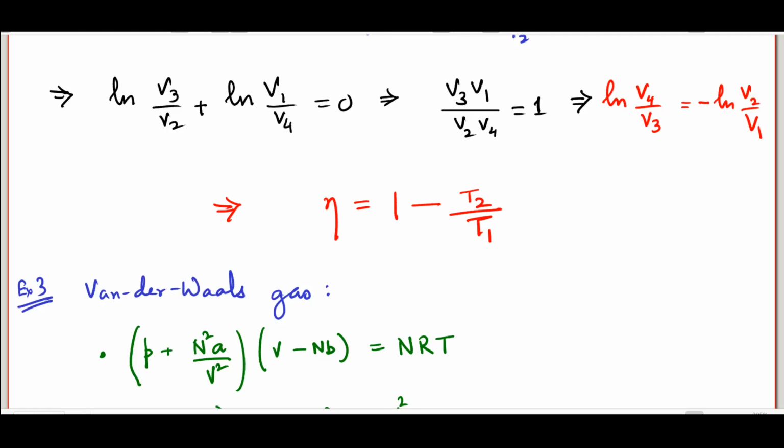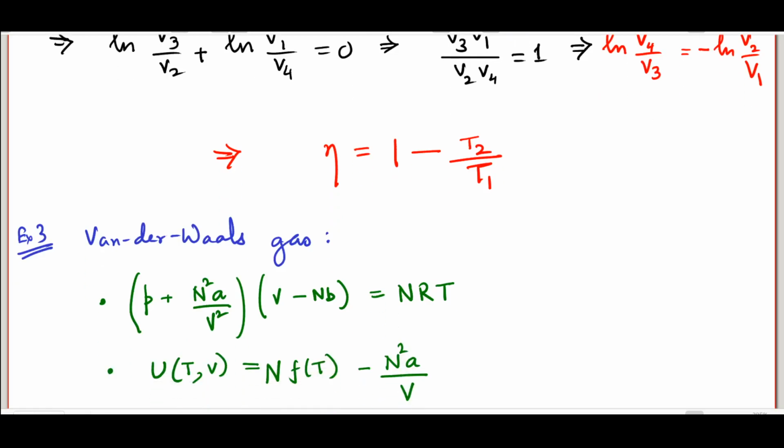Now, as you are all aware, the van der Waals equation of state looks like a slightly deformed version of the ideal gas equation of state. Instead of PV equal to nRT, you have (P plus n squared a by V squared) times (V minus nb) equals nRT. And in addition to this, we need to know how the gas's internal energy changes with temperature and volume.